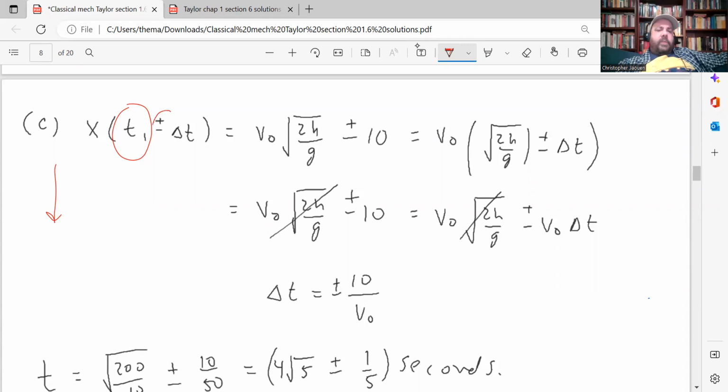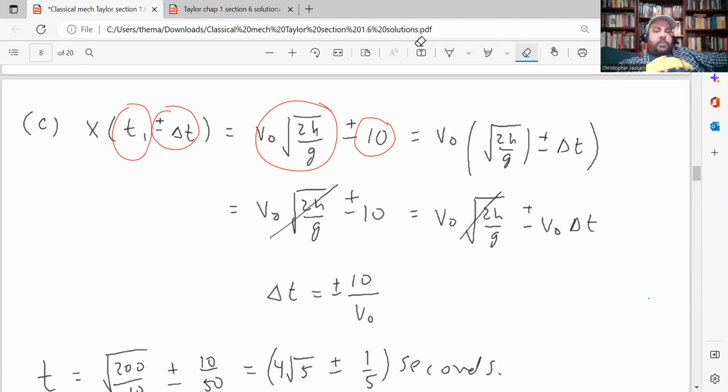I want to know if I want to drop the package some small time before that, so that the package will hit the ocean 10 meters either before the raft or 10 meters after the raft. So, in other words, this distance plus or minus 10 meters.